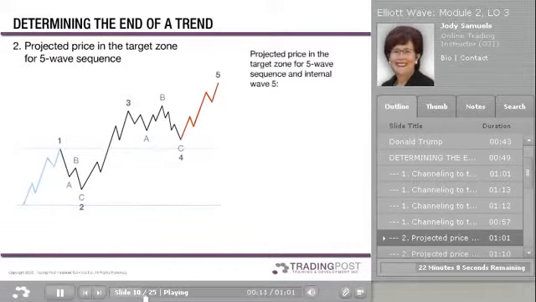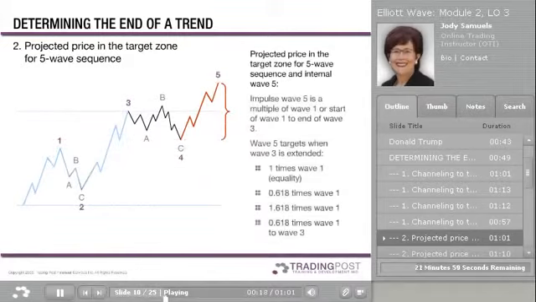Impulse wave 5 is a multiple of wave 1, or the start of wave 1 to the end of wave 3. When wave 3 is extended, meaning that it has traveled further than 1.618 times the length of wave 1, it means that wave 5 will not likely be extended.